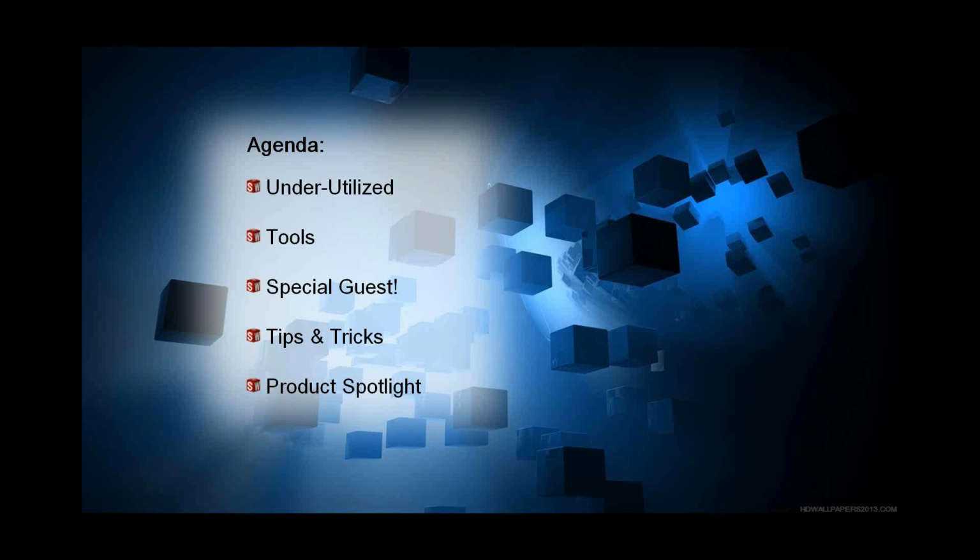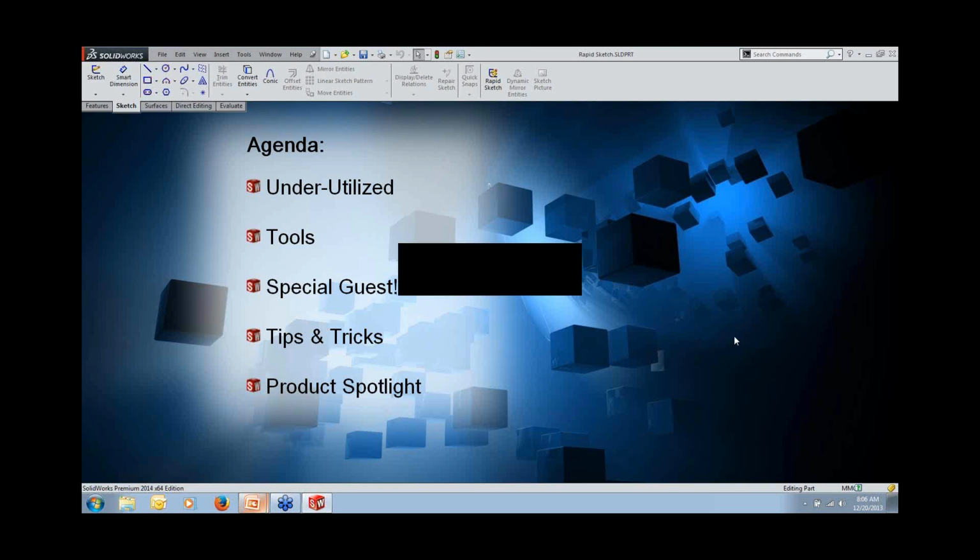At the end, we've got a product spotlight. There's a couple of things that Kevin and I saw over the past couple of months that we thought were cool, and we want to share with you guys. And once we get to the end Q&A, we'll take a look at the questions you guys have. So without further ado, we can get going. We'll start off with the underutilized tools section.